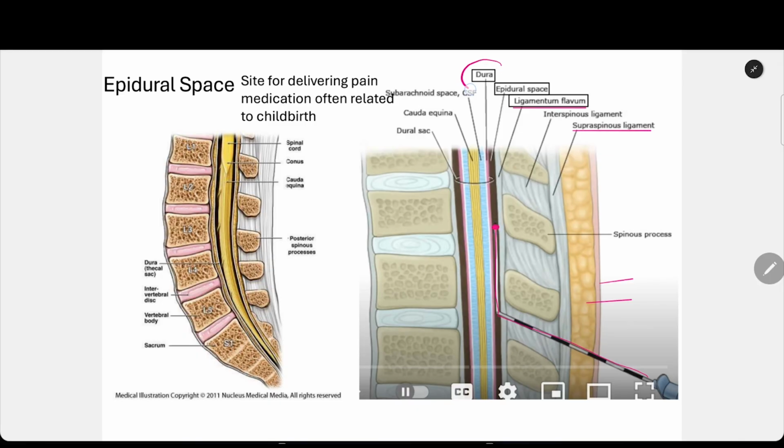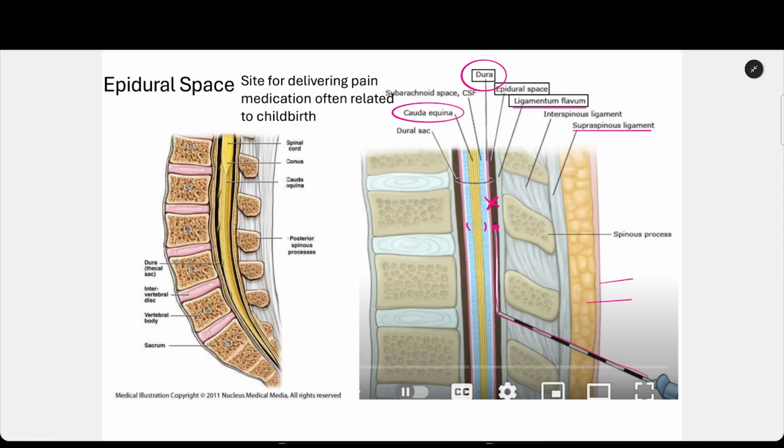So they don't want to go through the dura mater. That's reserved for a lumbar puncture. They are not trying to actually puncture the dura mater. They're just trying to get in here, which is the epidural space, which is that space containing fat and blood vessels that's superficial to the dura mater, right? So here again, we have our cauda equina suspended in the lumbar cistern, which is that space filled with CSF.